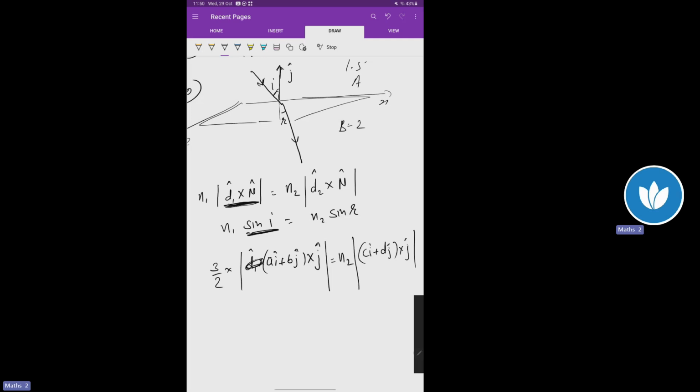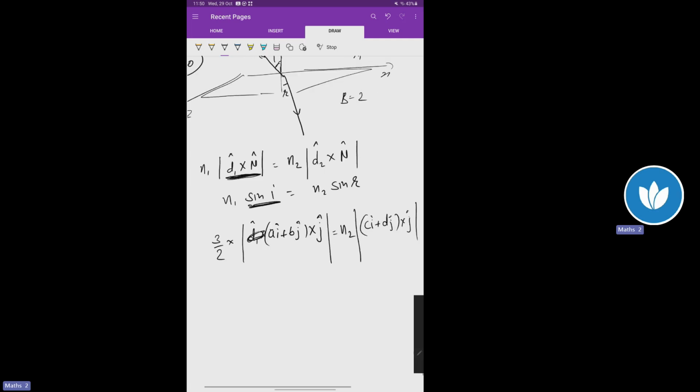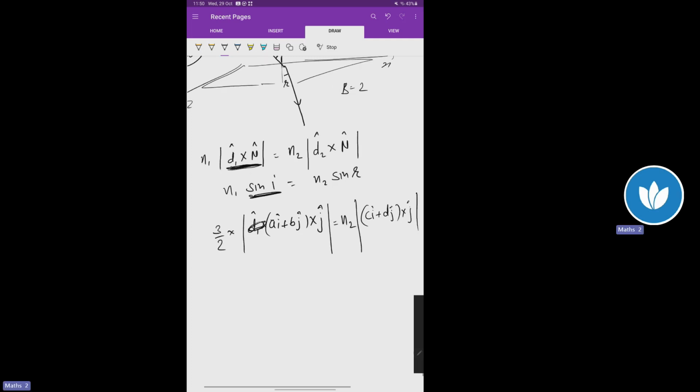N2 is 2. Now this is 3 by 2 into A k equals 2 into C k. So A by C is equal to 4 by 3. Option B.